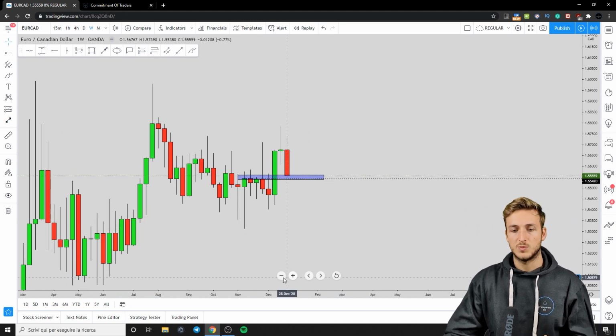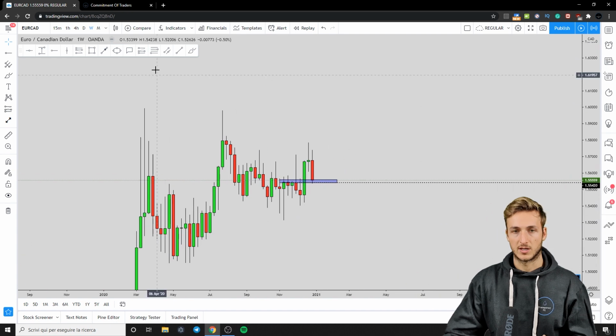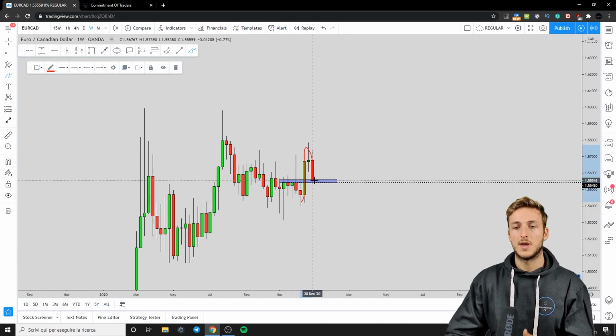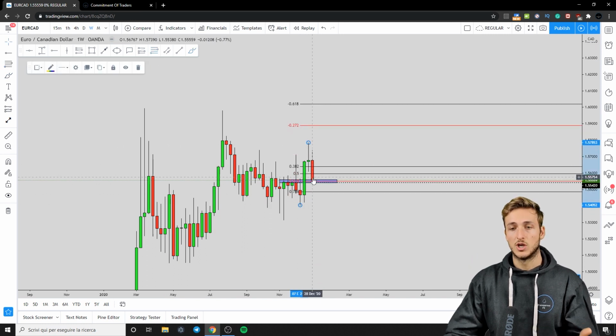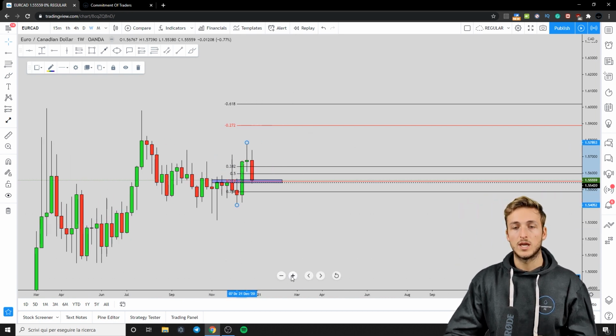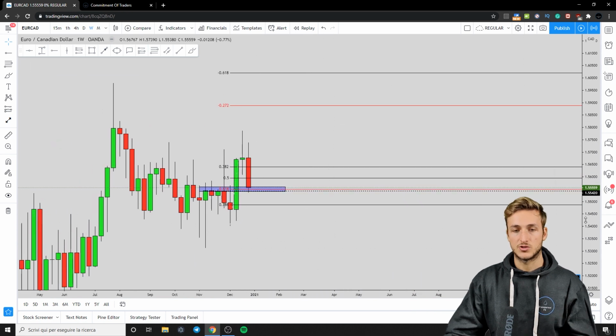Now, generally speaking, if you have an impulse in the market and you want to measure the correction, what you have to do is take your Fibonacci from the low to the high of the impulse. So in this specific case, from this low to this high. Now, if we take our Fibonacci from this low to this high, we can notice another very interesting thing.